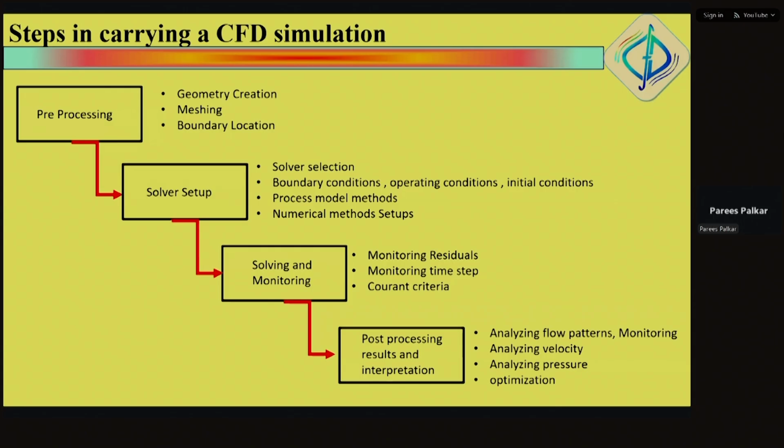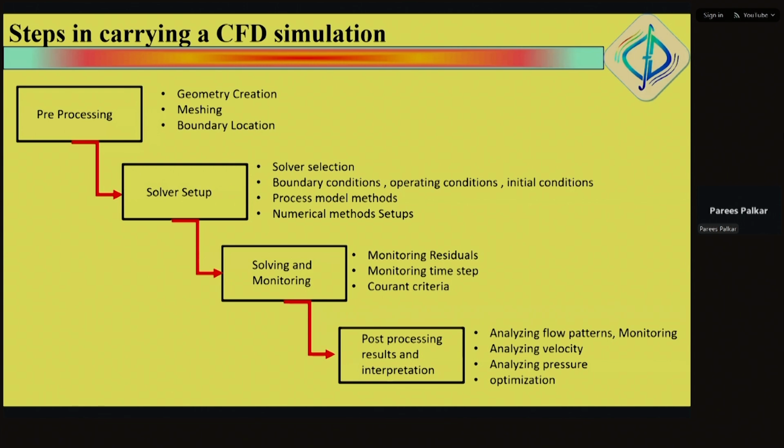Then we move forward to the solver setup. Solver selection is a very important parameter while setting up any case. You have to first identify what you want to simulate. Is it steady state? Is it transient? Is it going to involve density-based changes, or is there something related to compressible flows?